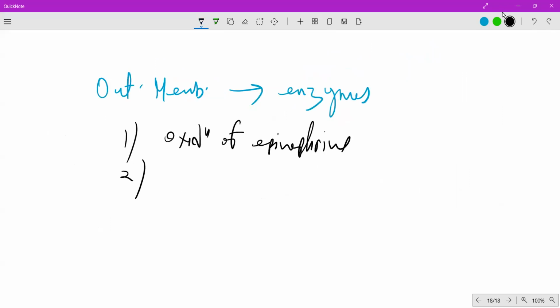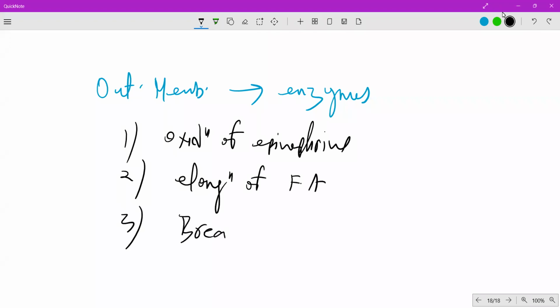It has enzymes which are involved in elongation of fatty acids. It has enzymes which are involved in the breakdown of tryptophan.